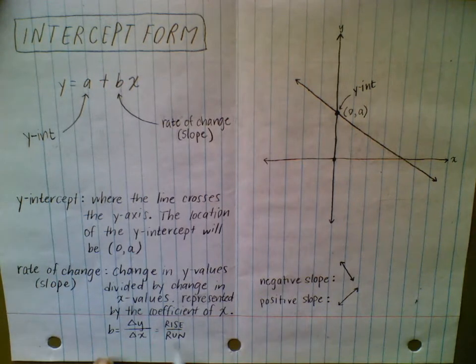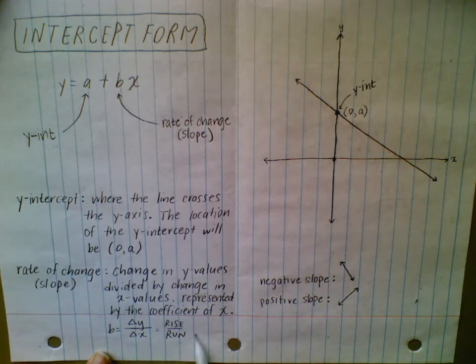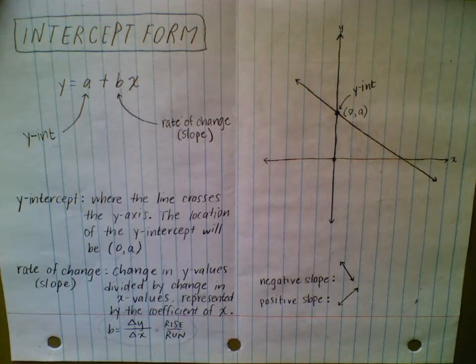Another way to write the slope, or the equation for the slope, how we'll calculate it, is the change in y divided by the change in x. That symbol, the triangle, is a symbol for change. Another way a lot of people talk about it is rise over run.